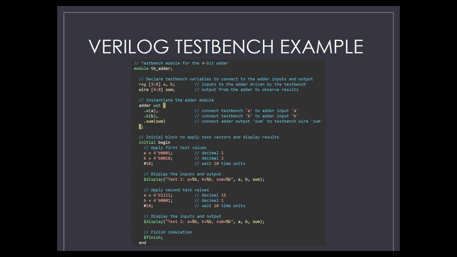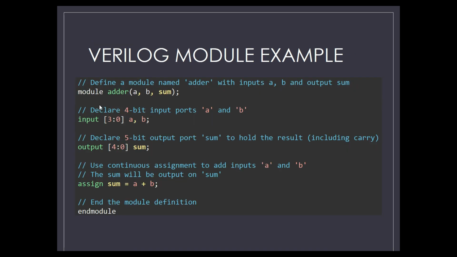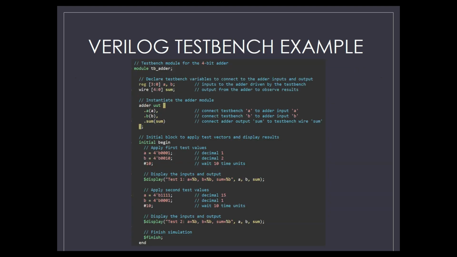That is by taking an instance of the adder module. This module which we have declared here is module adder. We will be taking an instance of this module in this test bench. Then we have some local variables, registers A and B and a wire sum. What is a register, what is a wire, we will also take a look at in the next video, that is data types in Verilog.